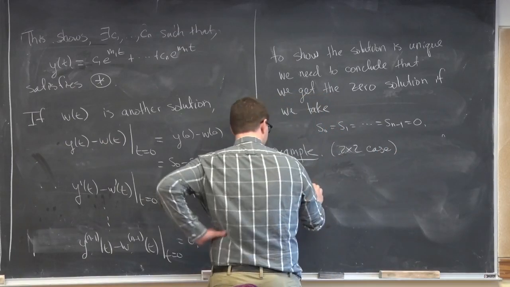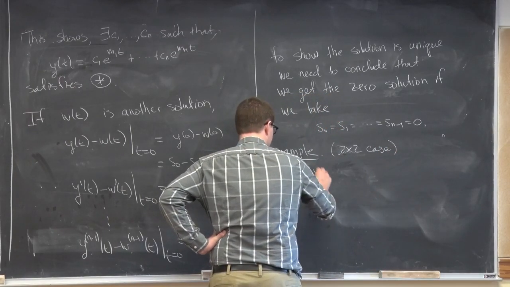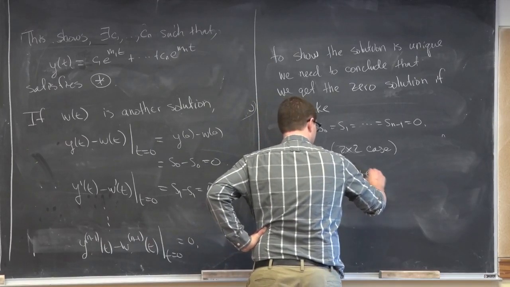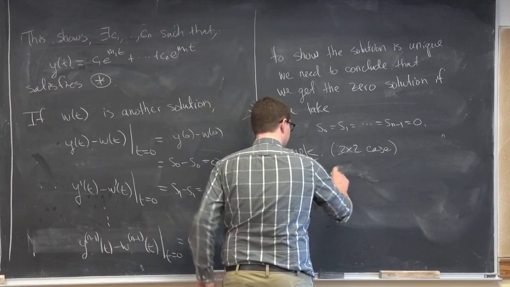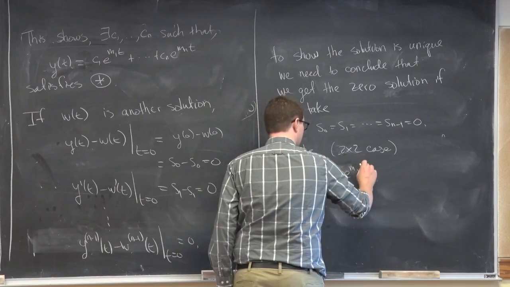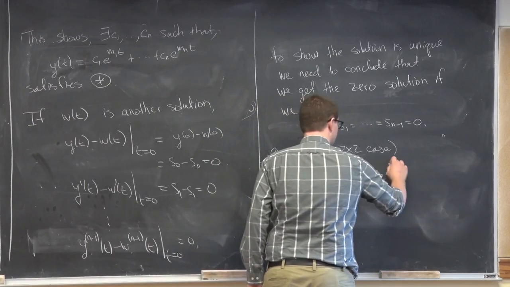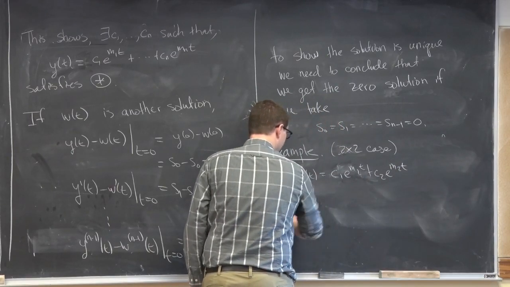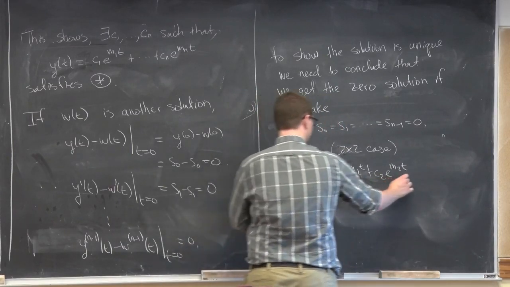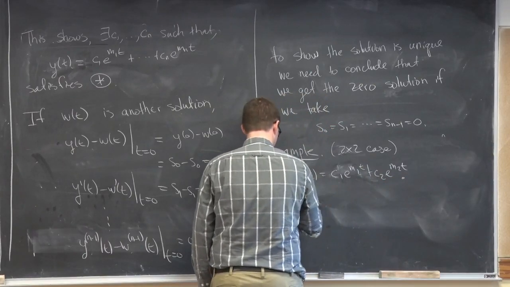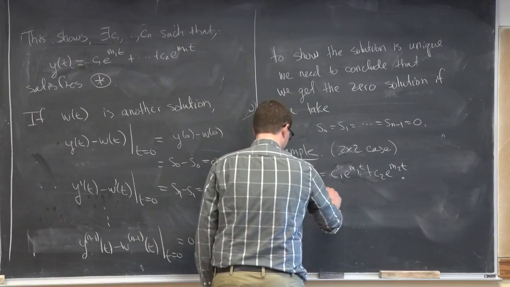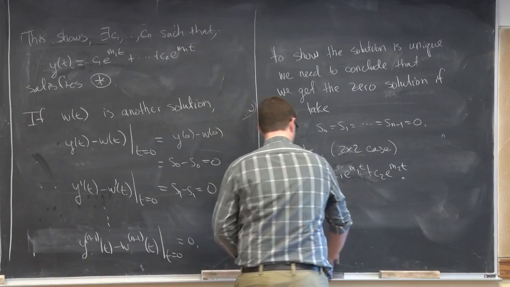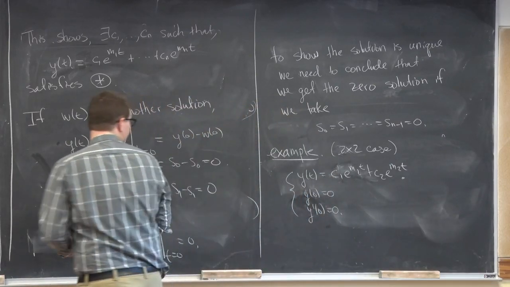So we could have something like y of t is equal to c1 e to the m1t plus c2 e to the m2t. Also suppose that y of 0 is 0 and y prime of 0 is 0. Okay? So let's see what happens.